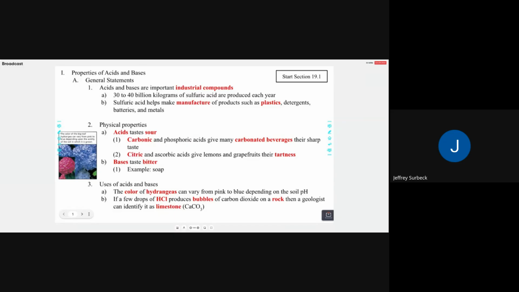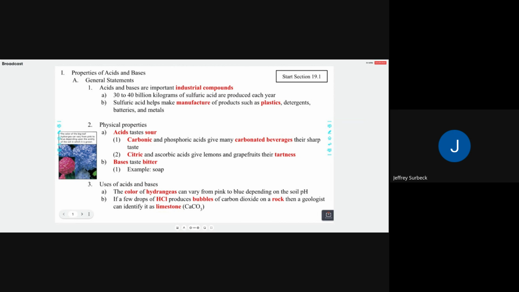All right, so we start out here with section 1 of chapter 19, and chapter 19 is all about acids and bases. Now, we say most things can be classified as an acid or base, so this section looks to identify what we can consider on the chemistry side of the house an acid versus a base.